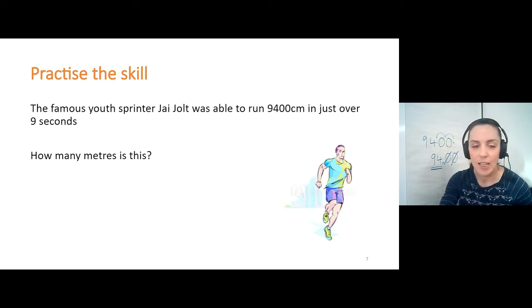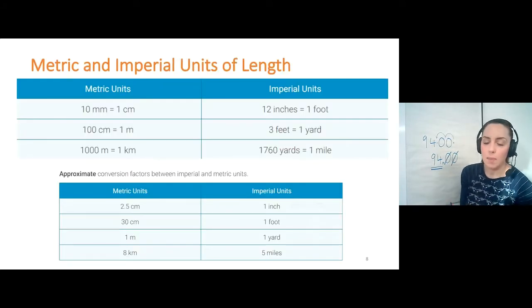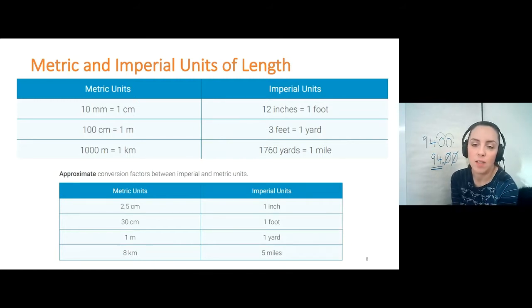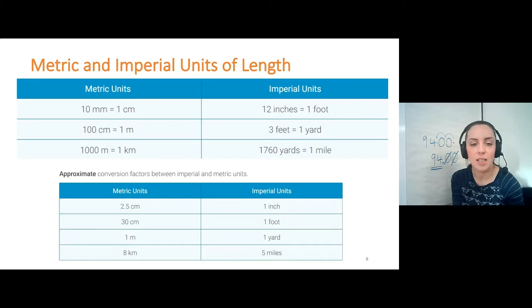Okay, so that was a level 1 question. Now, as I mentioned, at level 1 and level 2, you're looking at both metric and imperial units of measure. In level 1, if you are given imperial units to work out, you will only be asked to work between imperial units. So here's a list, as you can see on the screen.